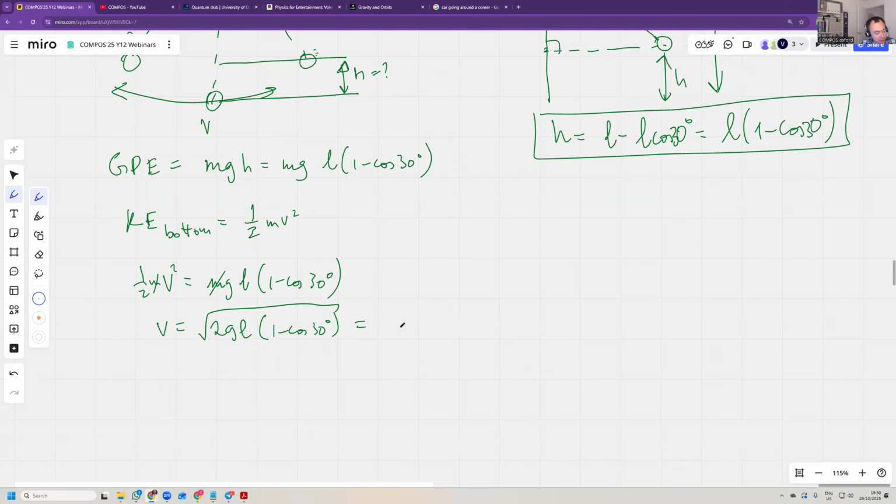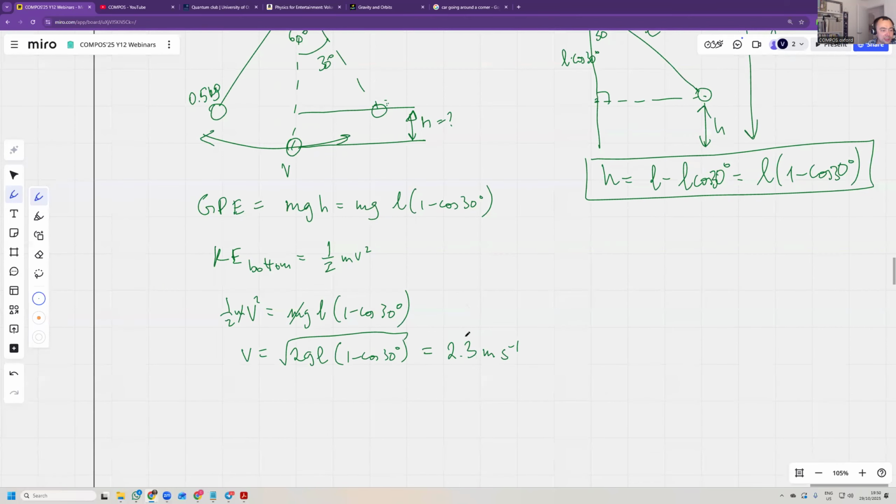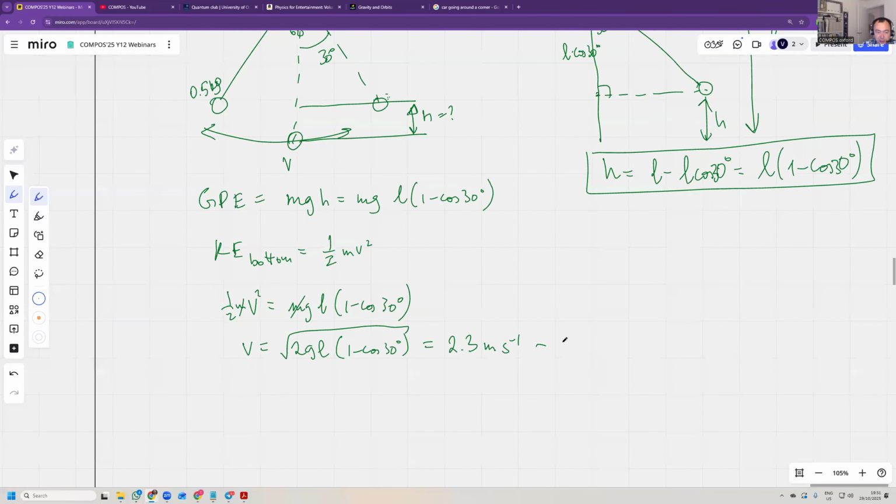So it's 4g, so the square root of 40 times (1 minus cos 30). So cos pi over 6. My calculator is in radians for some reason, which gives 2.3 meters per second. That's the speed of the pendulum at the bottom of the swing.